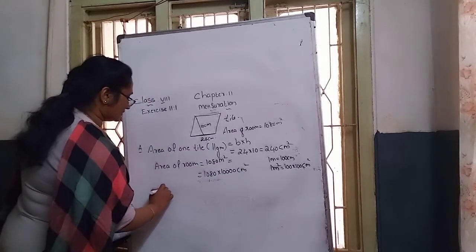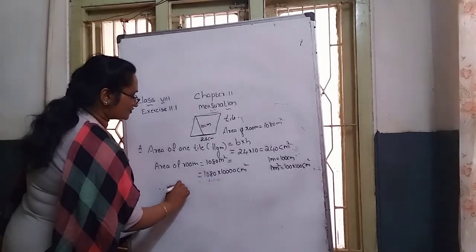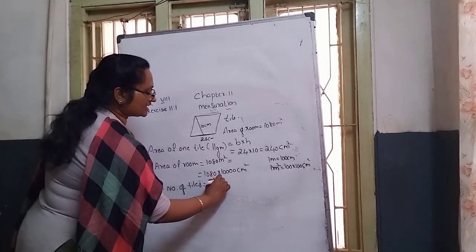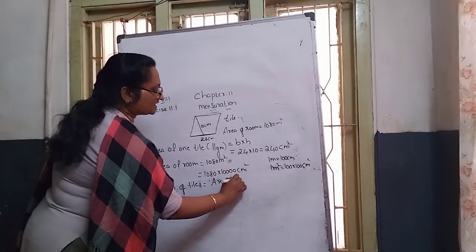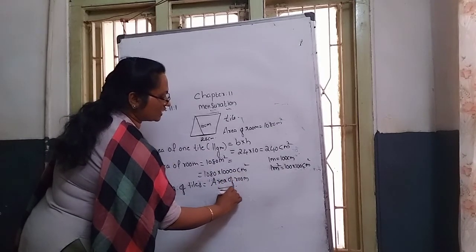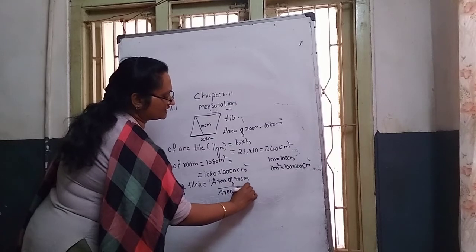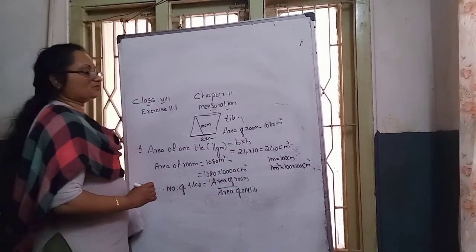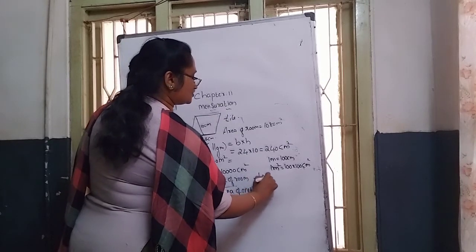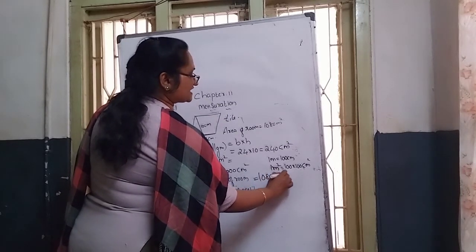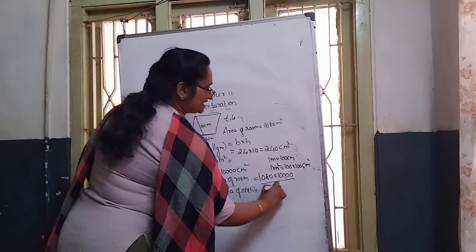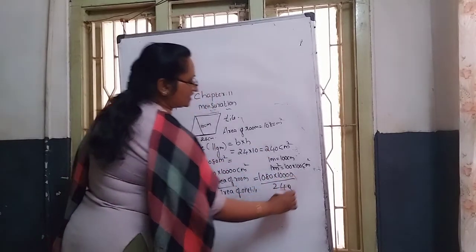Therefore, the number of tiles required for fitting is equal to the area of the room divided by the area of one tile. The area of the room is 1080 into 10,000, divided by the area of one tile, which is 240. 0 cancels.